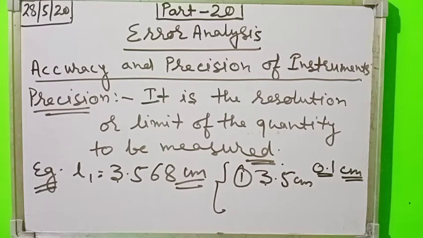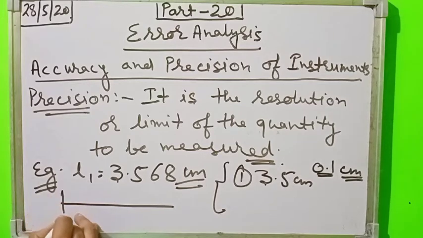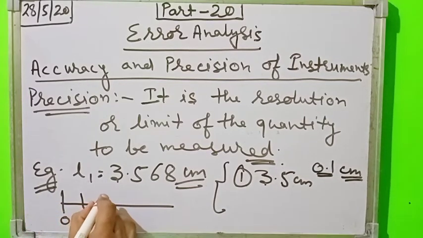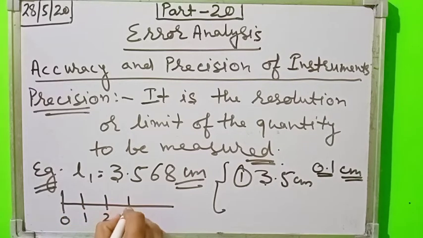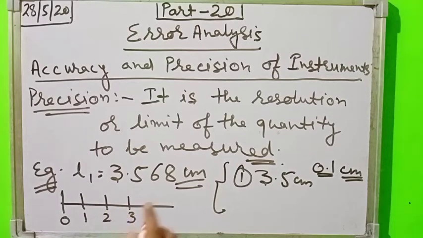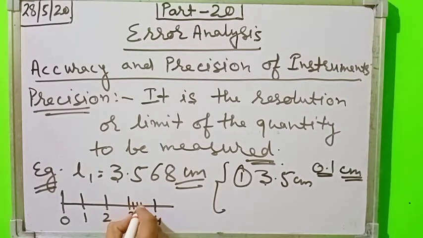Means, what is the limit of resolution? Suppose we have taken a meter scale. This is 0, this is 1, this is 2, this is 3. So 3 centimeter complete, and between 3 and 4, there are only 10 divisions.